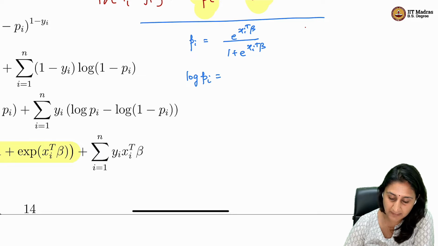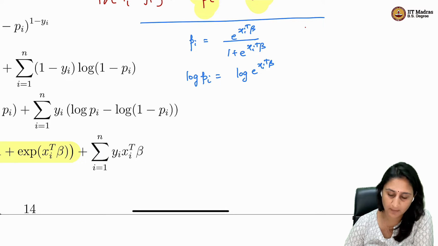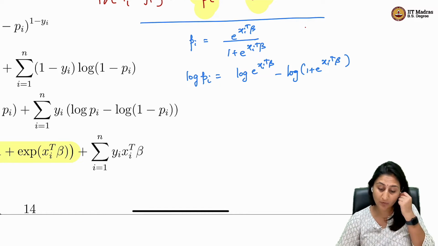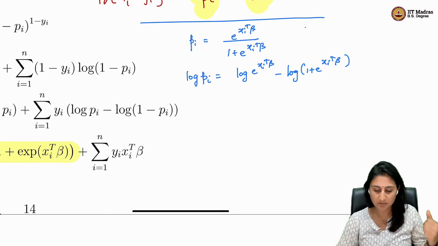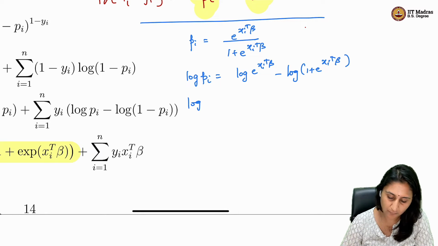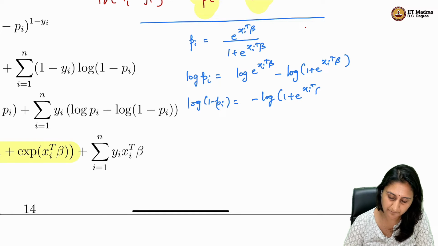Log of pi is log of e to the power xi transpose beta minus log of 1 plus e to the power xi transpose beta. And log of 1 minus pi I just found out was nothing but minus log of 1 plus e to the power xi transpose beta.